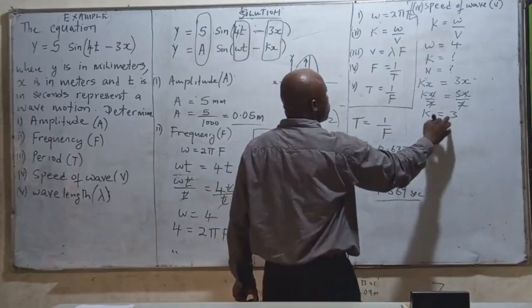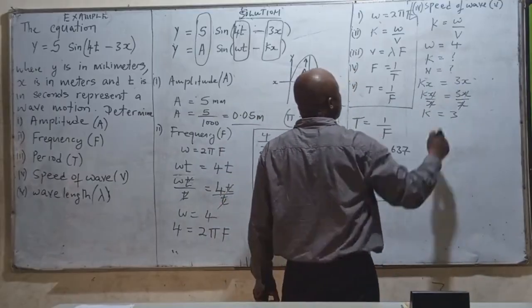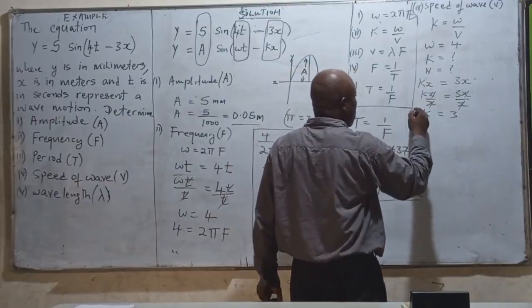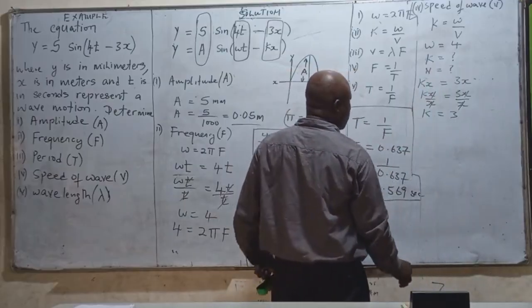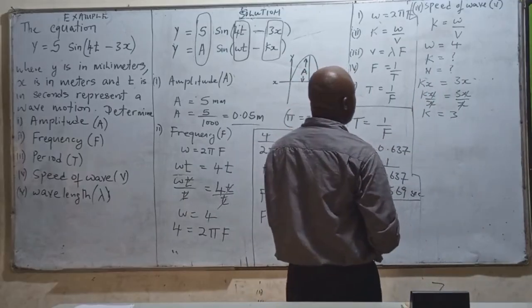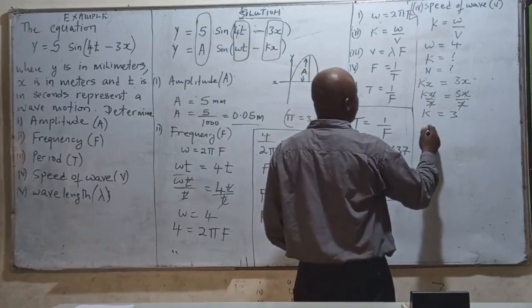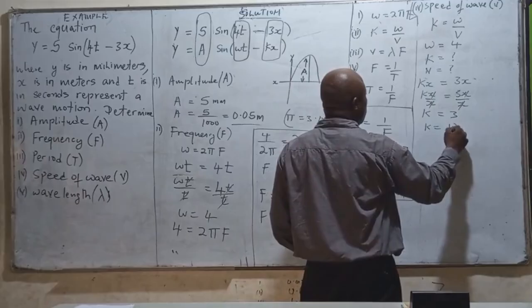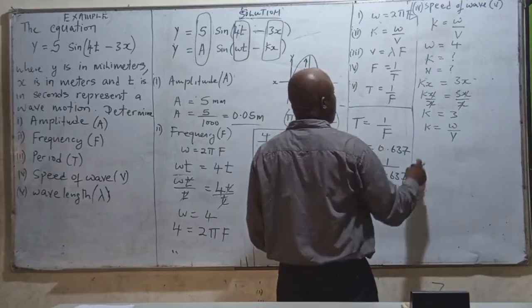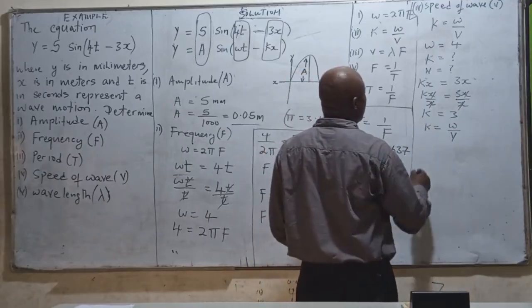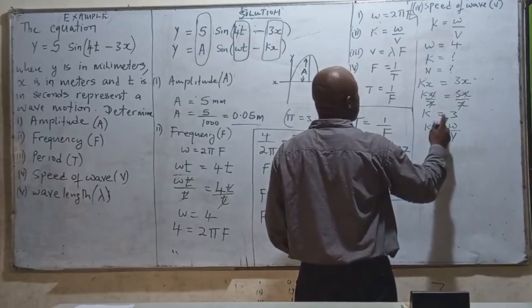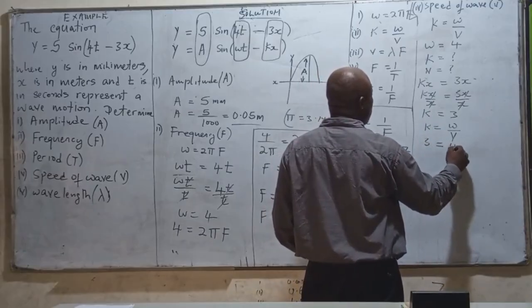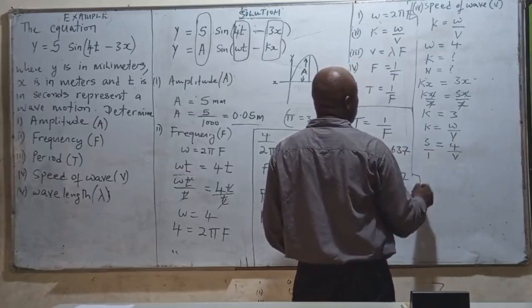Now I have k equal to 3 and w equal to 4, so we can solve for v. From k equal to w over v, we have 3 is equal to 4 over v.